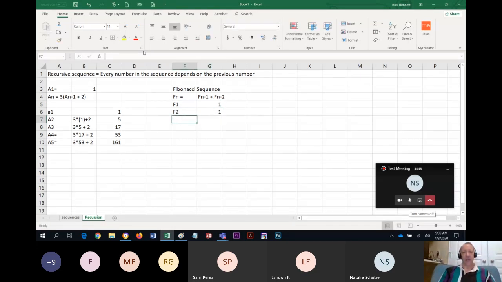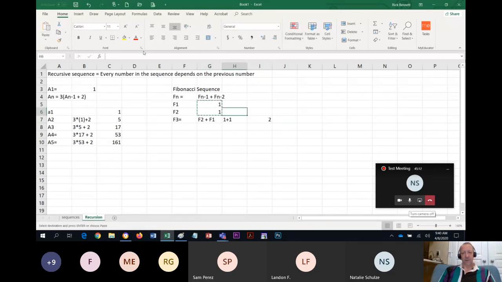Okay? So the idea here is, f sub 3 equals f sub 2 plus f sub 1. Okay? So f sub 2 is 1, so in this case, it's going to be 1 plus 1, which equals 2.